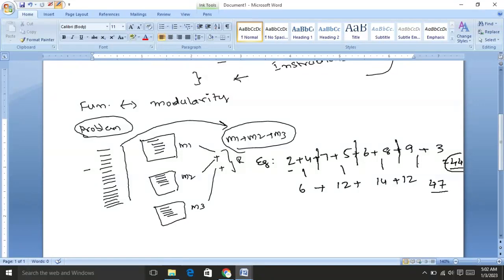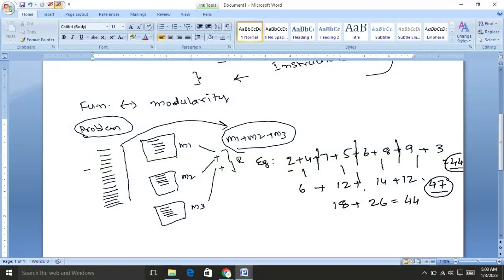Then I can easily identify how I got 47, because I can see where I performed the mistake. 6 plus 12, 18; 18 plus 14, 32; 32 plus 12, 44.